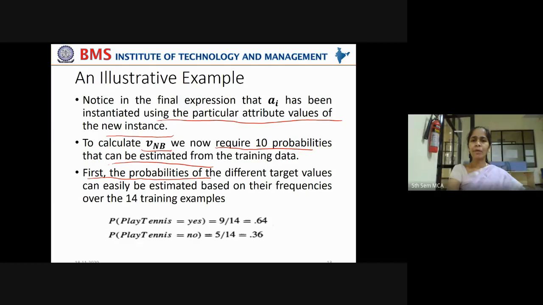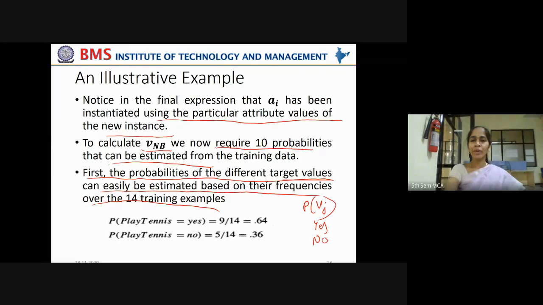First, the probabilities of different target values can easily be estimated based on their frequencies over the 14 training examples. So what is the probability of Vj when it is yes and when it is no? That you are calculating first.